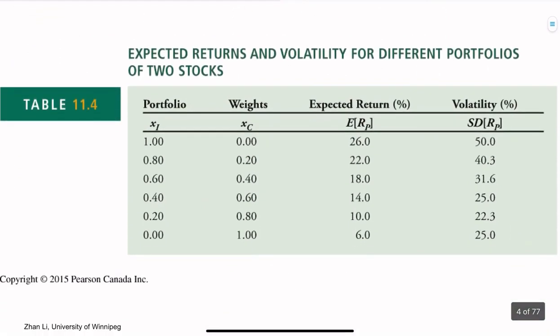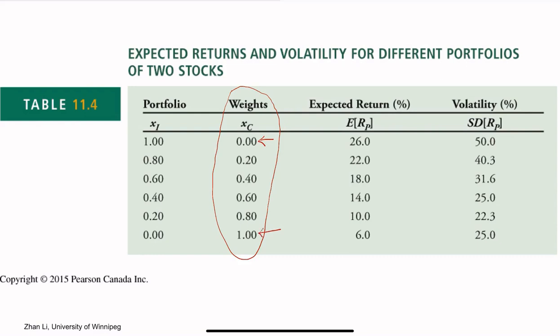So let's solve this problem through experiment. What we're gonna do is we change the portfolio weight of Coca-Cola. You can see that the second column gives you the portfolio weights for the Coca-Cola stock. And you can see that you're increasing Coca-Cola stock's portfolio weight from 0% to 100%, right?